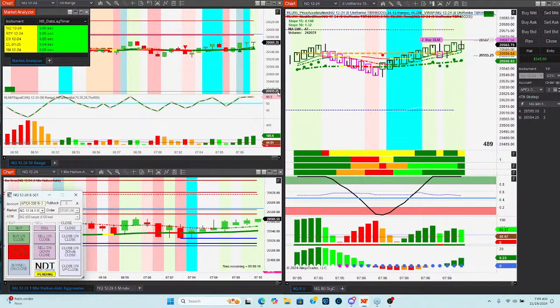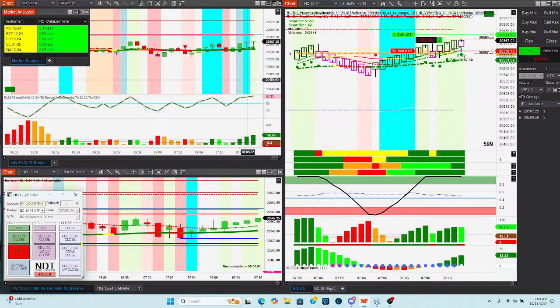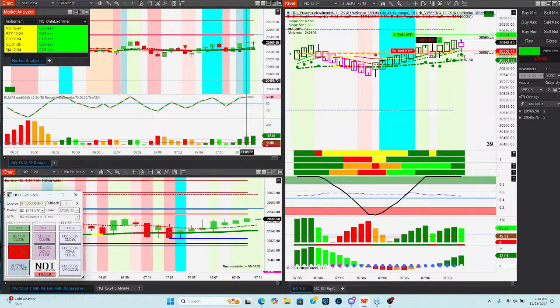Just don't like the way this candle is behaving here. Order filled. Come on, pop.